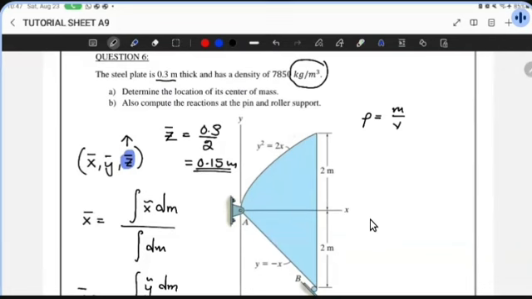So if we pick a strip like this, for example, this strip can be viewed as something like this. And the thickness is somewhere on this side.